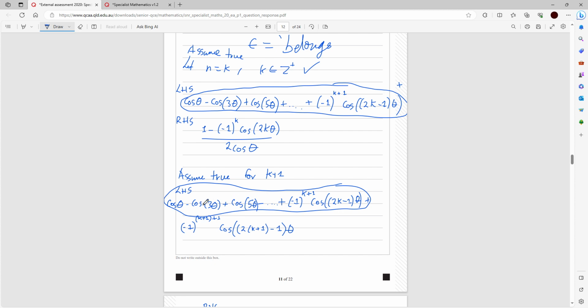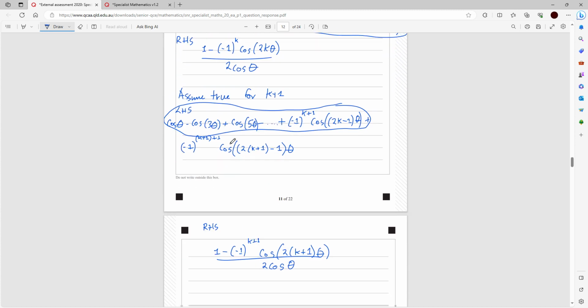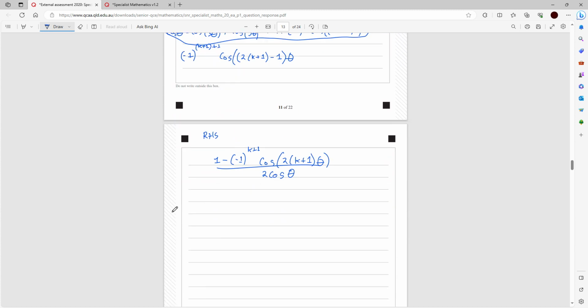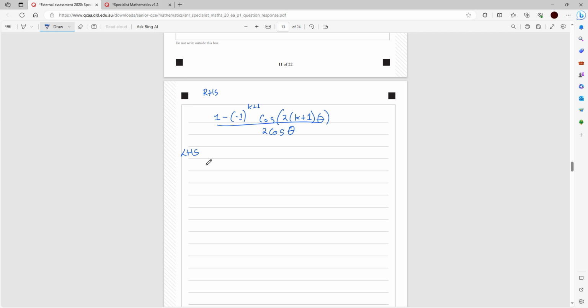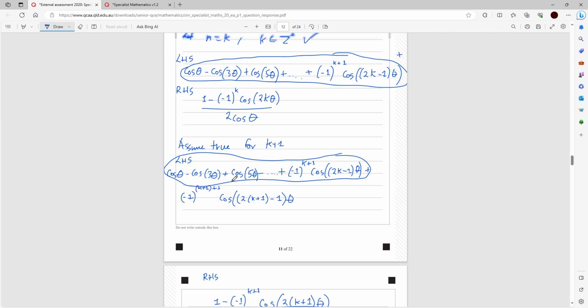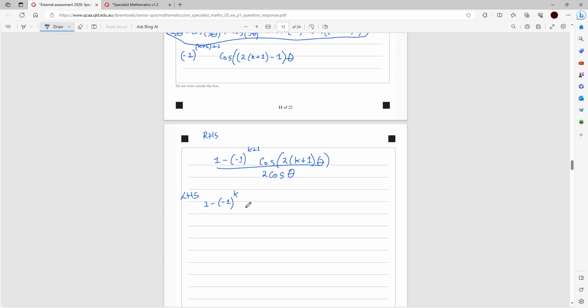So all we're doing is replacing this entire bit in the circle with this right hand side, because this is equal to that. So we'll go and rewrite it down here. So we'll go, my left hand side again is going to be this bit expression here. So 1 minus negative 1 to the k cos of 2k theta divided by 2 cos theta.